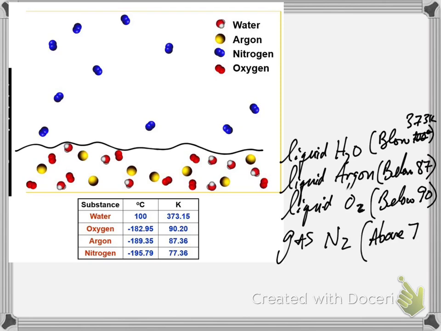And if we have gaseous nitrogen present, we must be above 77 Kelvin to be in the gas phase. So we have to be above 77, but below 87, or else argon would not be a liquid. So temperature has to be between 77 and 87.